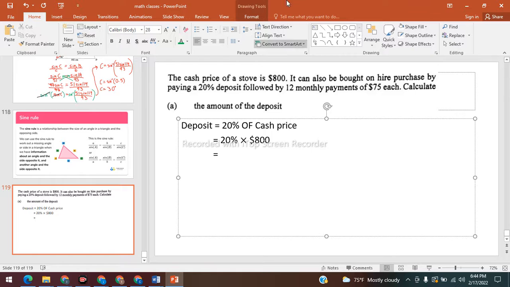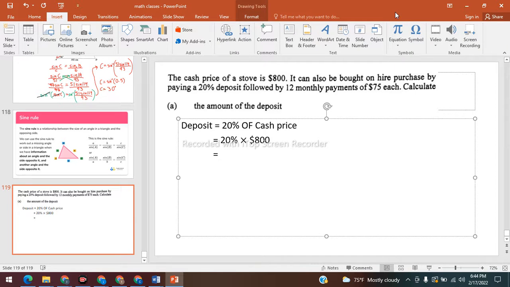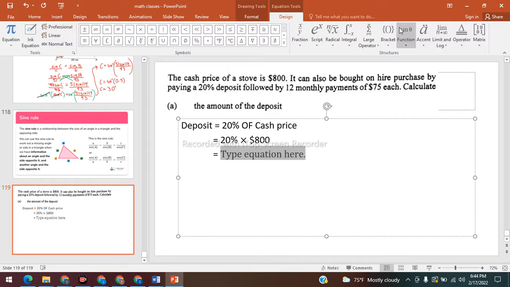Well, we can do it as a fraction. For us who are doing the BJC, we need to show our working, so we have to actually do it out.